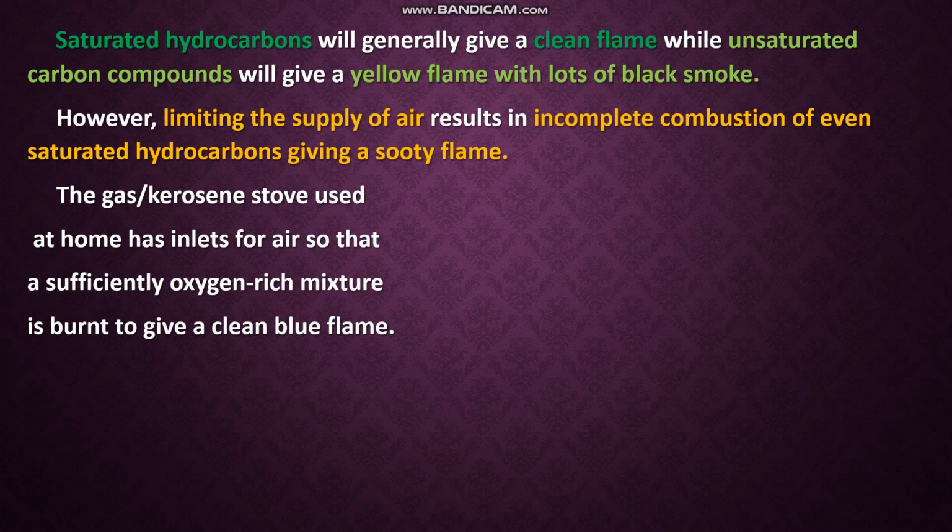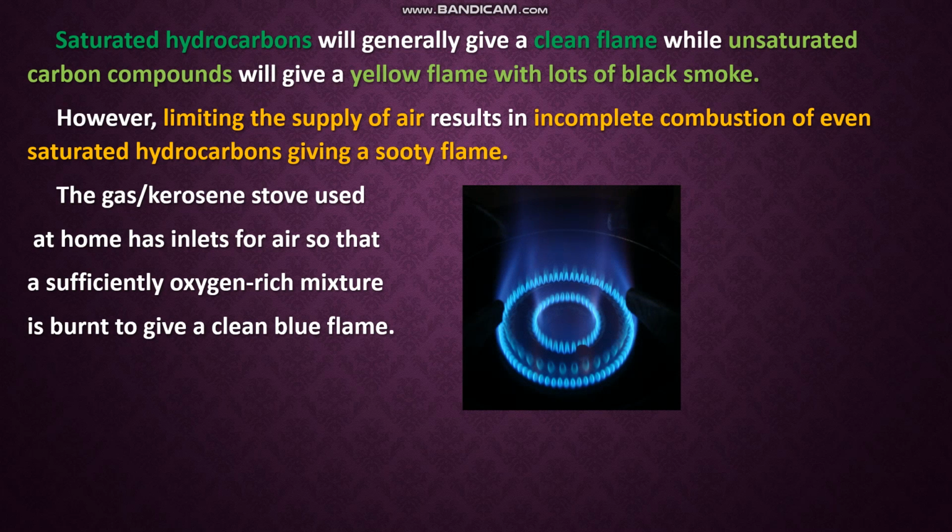You might have observed in your house that if the burner is very clean and the air holes are not blocked, a sufficient amount of oxygen is available and it burns with a blue flame. Sometimes, if you are cooking and something is spilt, or any dust particles are in the burner, the air holes are blocked and we get a yellow sooty flame.